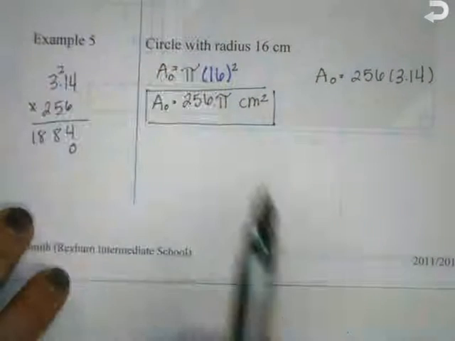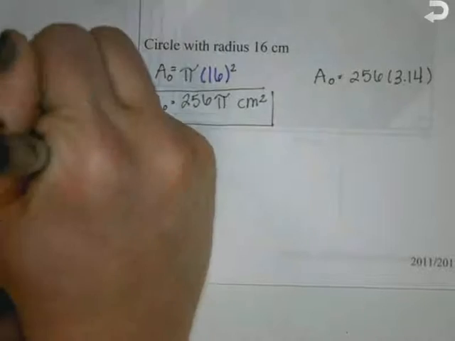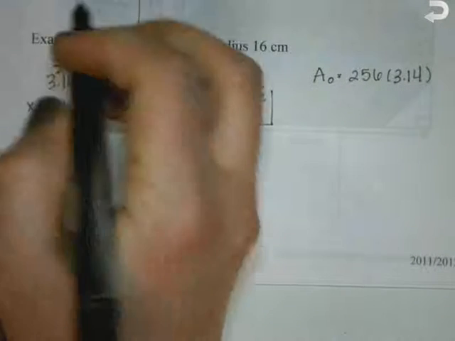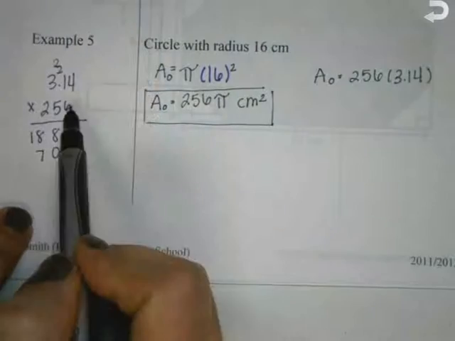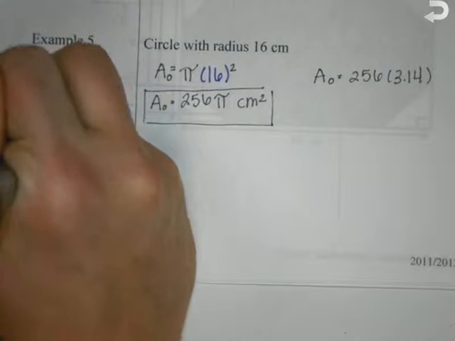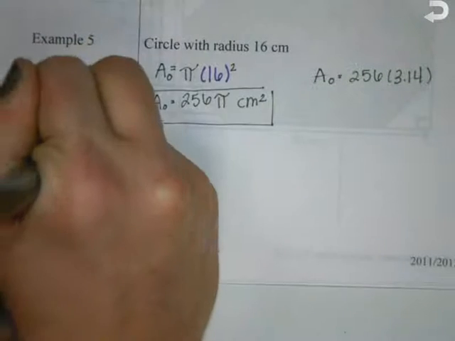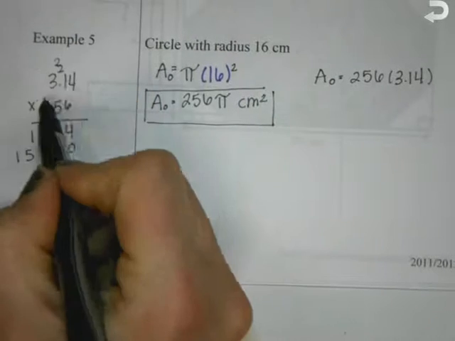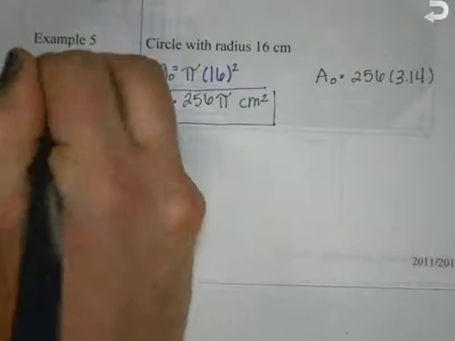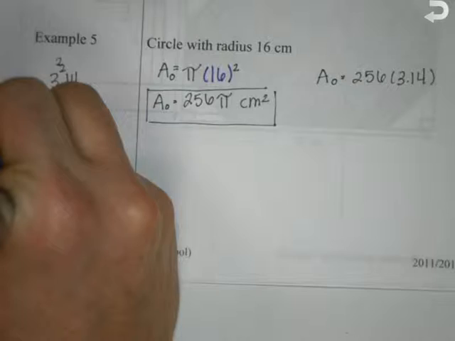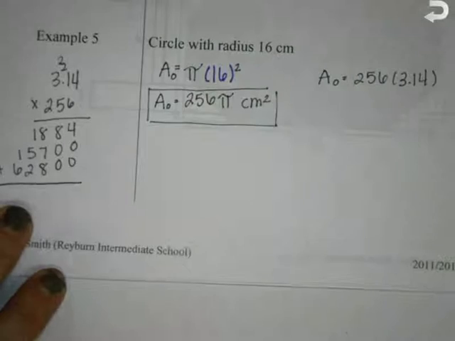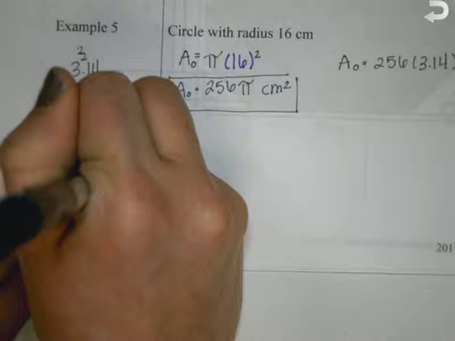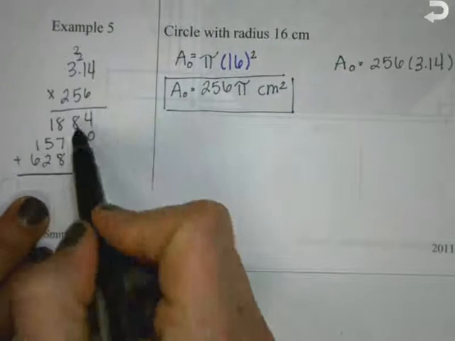4 plus 0 is 4. 8 plus 0 is 8. 8 plus 7 gives me 15. Plus 8 again is 23. Carry the 2. 2 plus 1 is 3. Plus 5 is 8. Plus 2 is 10. Carry the 1. 1 plus 1 is 2. Plus 6 is 8. Move the decimal 2 spaces.